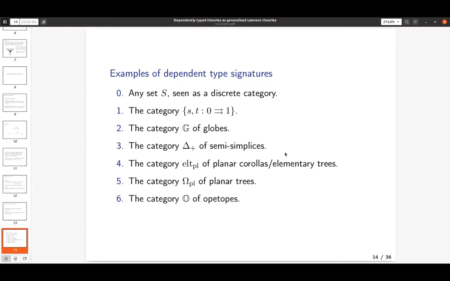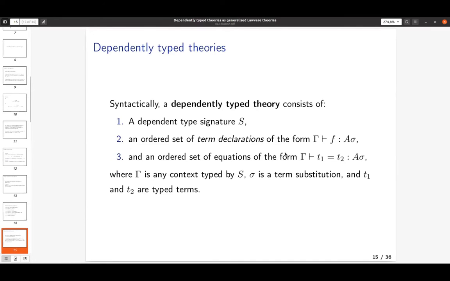All of these are locally finite direct categories, and I'm probably forgetting a couple. There's also the full subcategory, for instance, of globular sets on the pasting schemes. That is also locally finite and direct. So there are several of these well-known categories that, thanks to this observation, correspond to dependent type signatures.